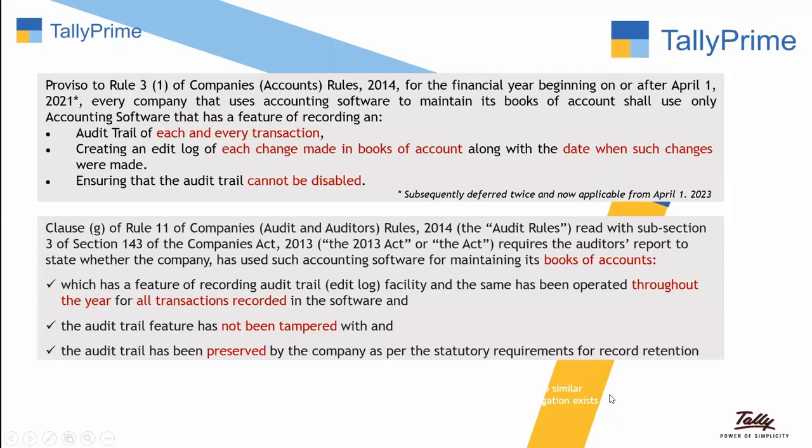These were the two notifications which have been the main ground of discussion for the software companies and for the chartered accountants to work with, as to how that functionality would be made available.